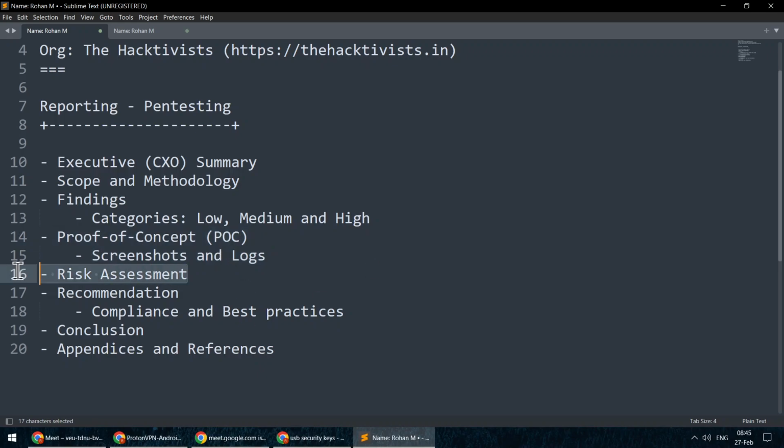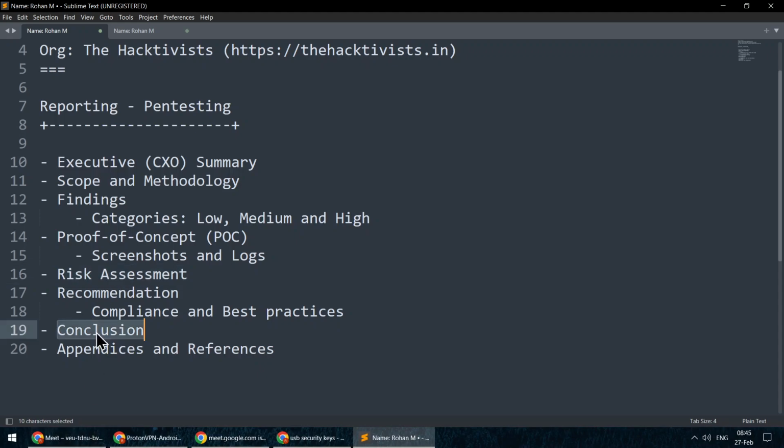Then the risk assessment, it means the security issue that has been found, how much risk was it posing to the business? What impact it could have on the business? That is what we do in risk assessment. Then the recommendation, that this is the best practice that you should follow. This is what you should do to follow the compliance.